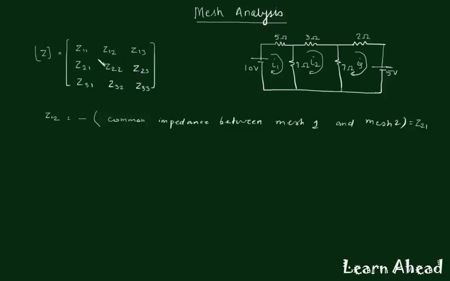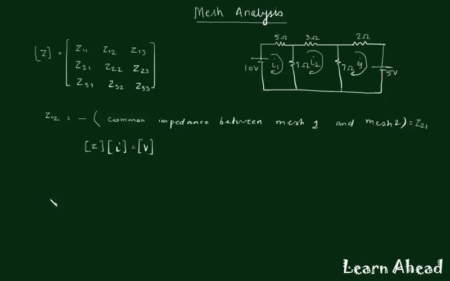So this will be a symmetric matrix. Now we can use the equation matrix Z multiplied by matrix I equal to matrix V, and this is simply KVL. This matrix V is the voltage source matrix.